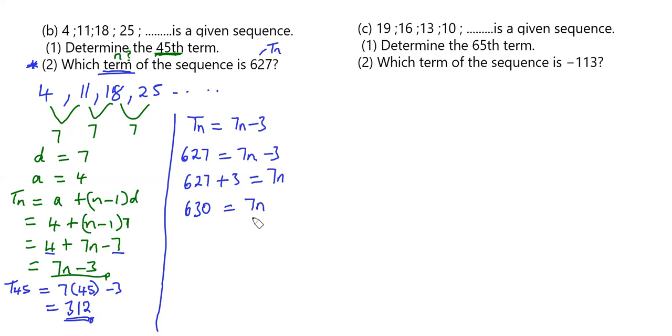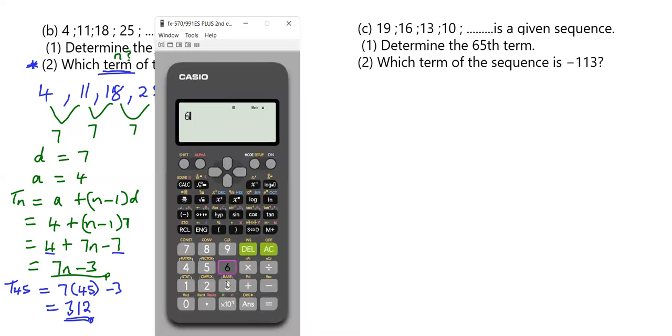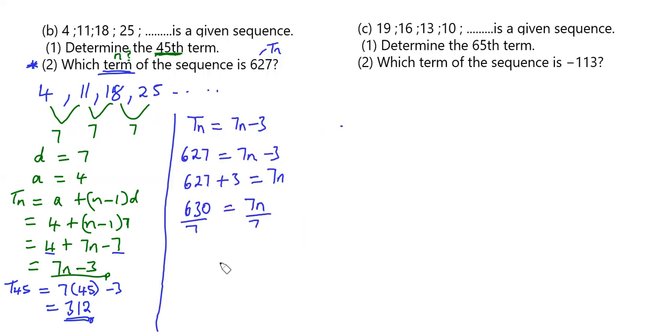Then we divide by 7 to get rid of the 7 here, because we want to be left with n. 630 divided by 7, we get 90. So n is going to be equal to 90. So it's the 90th term. That's the term that is going to give you 627.